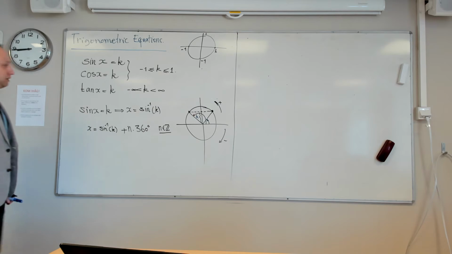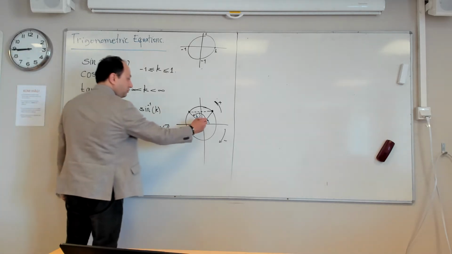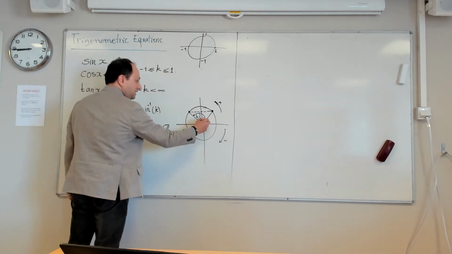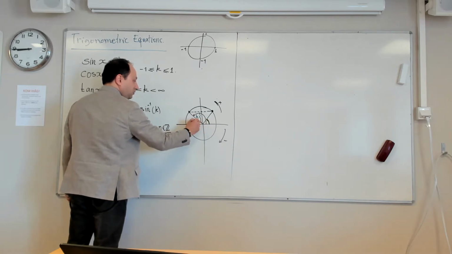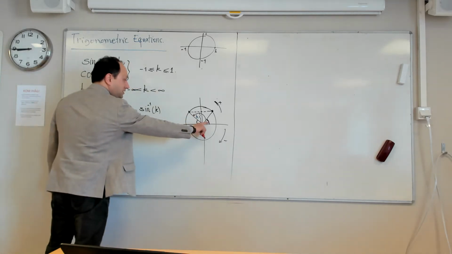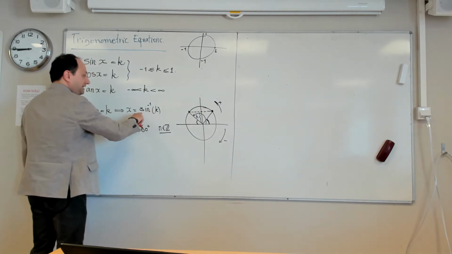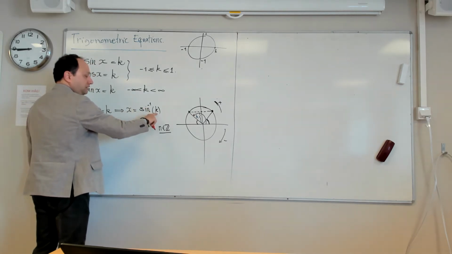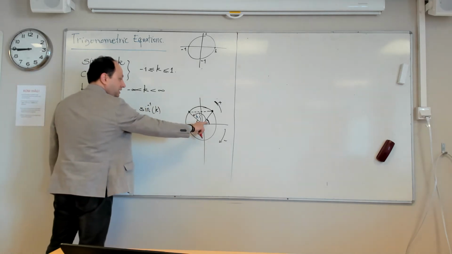Okay? Can you tell me what is the size of this angle? Use a symmetry argument. I hope that you agree with me that, by using symmetry, the size of this angle that you see here is equal to the size of this angle that you see here? Yes, they are the same size. If I ask you what is the size of this angle, you would say it is sine inverse of k, whatever this number is. That would be this angle.